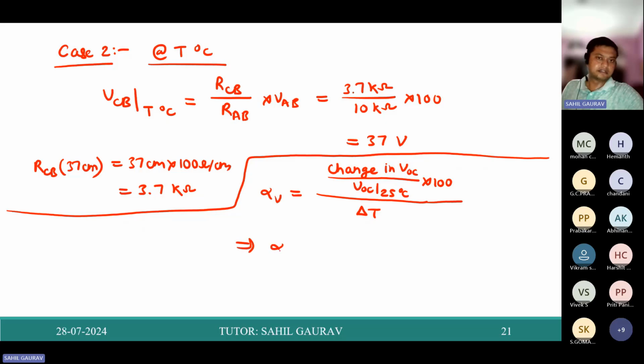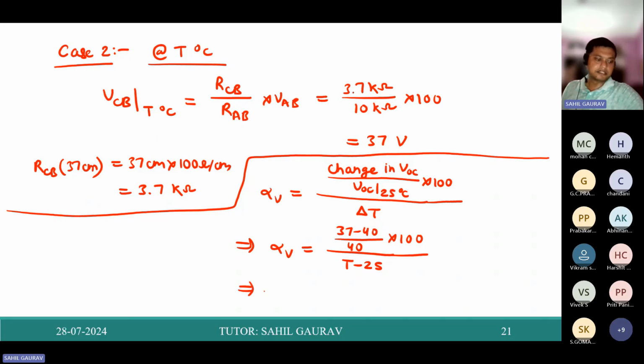Alpha V is 37 minus 40 upon VOC at 25, which is 40, and delta T will be T minus 25, multiplied by 100.